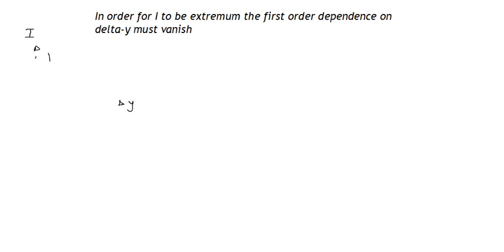So for the function to be either a minimum or a maximum, we have the condition that its first order derivative must vanish, or the tangent must be horizontal. Of course, here it means that partial I by partial y should be 0, either at this place or this place. Indeed this means that the first order dependence of I on y vanishes.